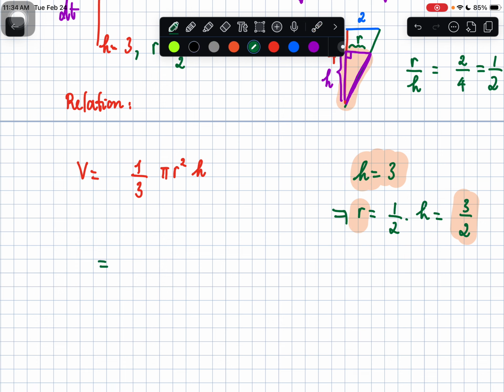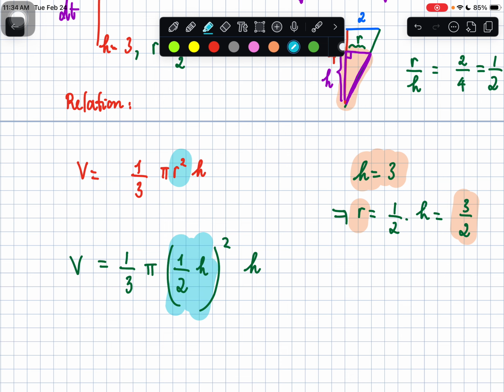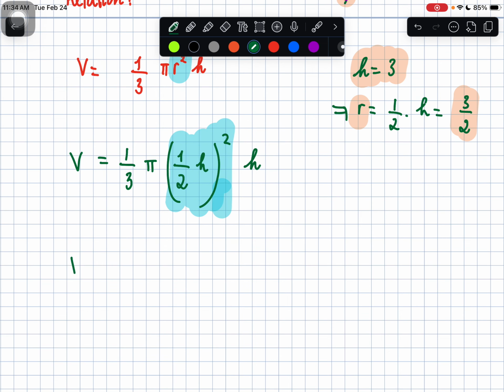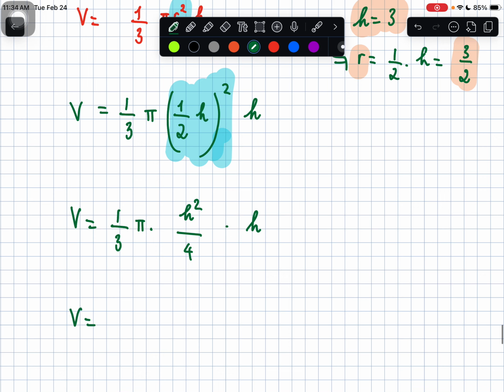I can rewrite V as 1 over 3 pi times (1/2 of the height) squared times the height. This term I rewrite as h over 2 squared. So the volume equals 1 over 3 pi h squared over 4 times h. V equals 1 over 12 pi h cubed.